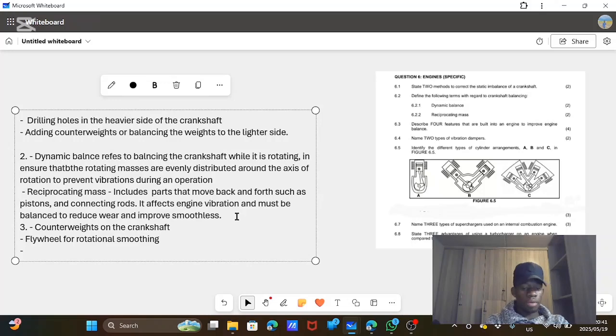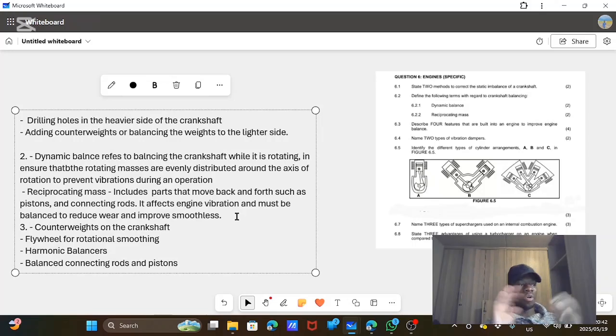Then we have the harmonic balancers, and advanced connecting rods and pistons. This is how we will improve engine balance.